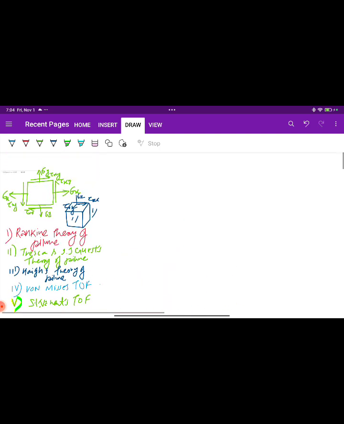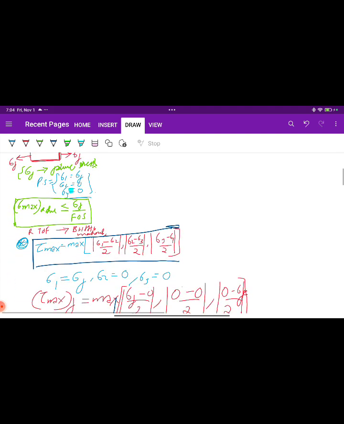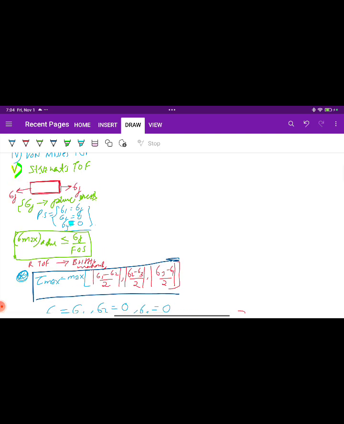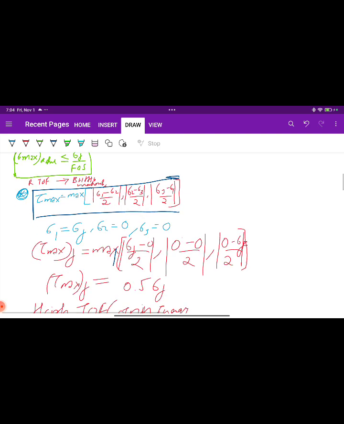So what we have talked about is the condition for Tresca's theory of failure: maximum shear stress will be equal to max of sigma 1 minus sigma 2 upon 2, or sigma 2 minus sigma 3 upon 2, or sigma 3 minus sigma 1 upon 2.